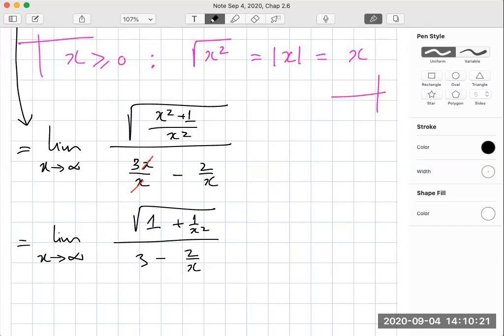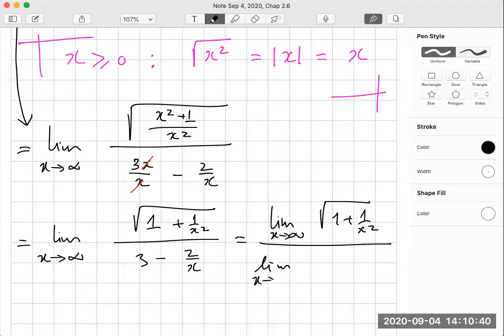Now, this is the limit of a quotient. It will be the quotient of limits: the limit when x approaches infinity of square root of 1 plus 1 over x squared divided by the limit when x approaches infinity of 3 minus 2 over x.